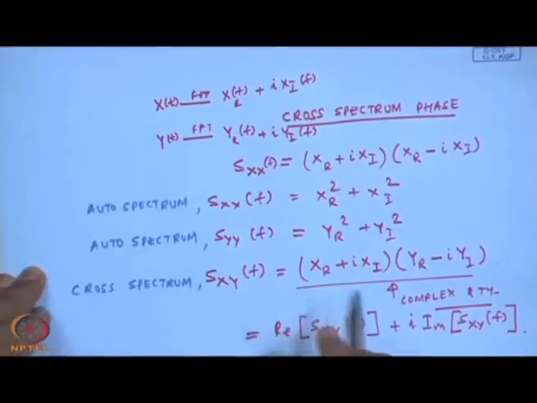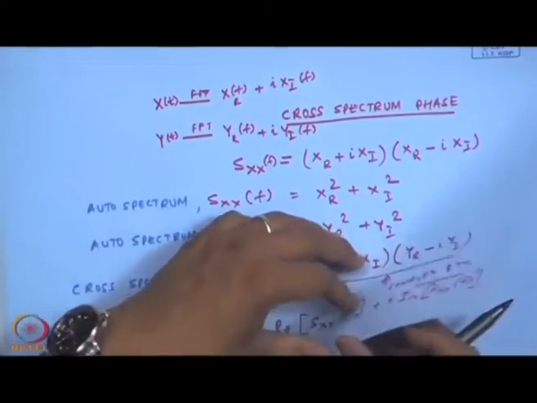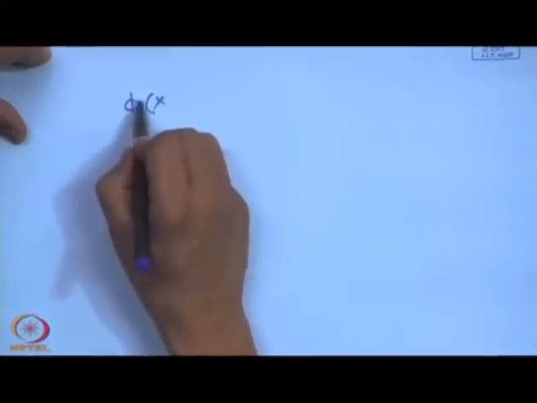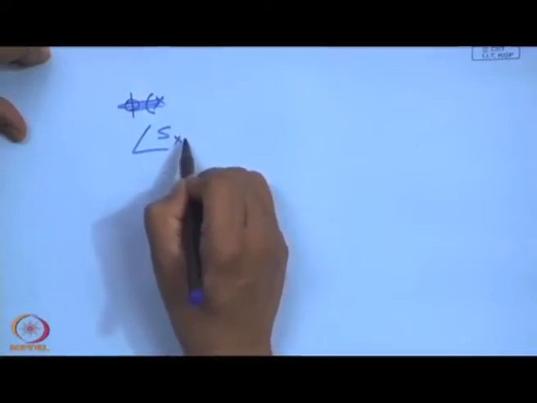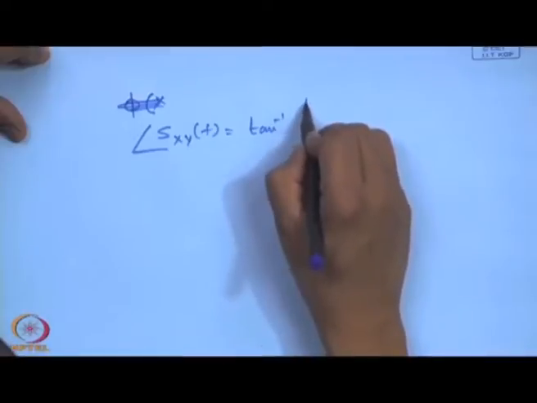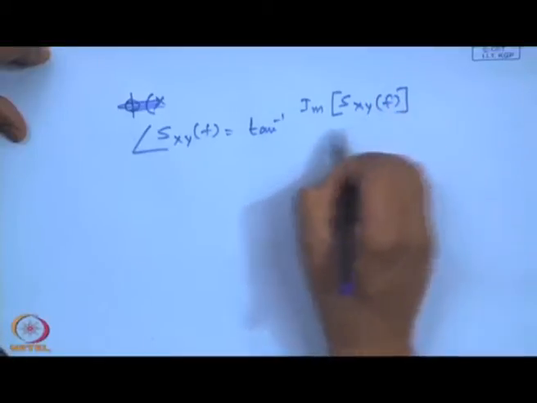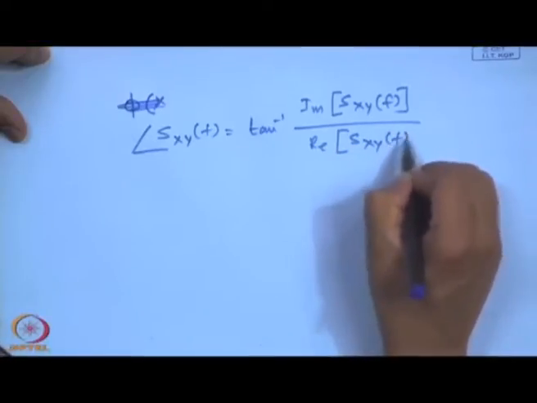The reason I am telling you this is how in the FFT analyzers the phase between a few signals is calculated. So, the phase between signal x and y, phi of the cross spectrum Sxy(f), is nothing but tan inverse of the imaginary part of Sxy(f) by the real part of Sxy(f).